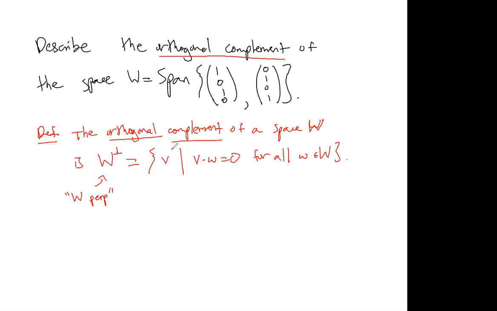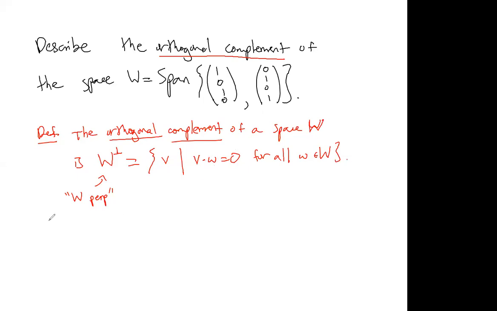And W being a space means infinitely many vectors. So it seems like you have to check infinitely many vectors to see if V is actually in the orthogonal complement. But remember, any space here is described by a basis, which is finitely many vectors. So you really just need to check dot products with finitely many vectors.